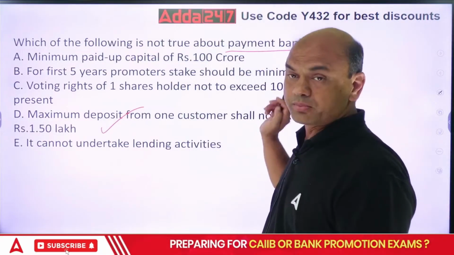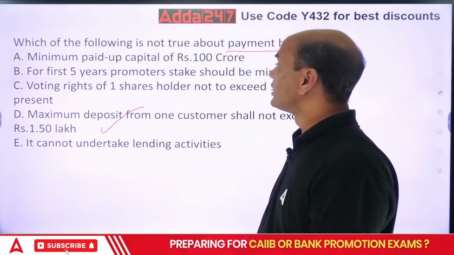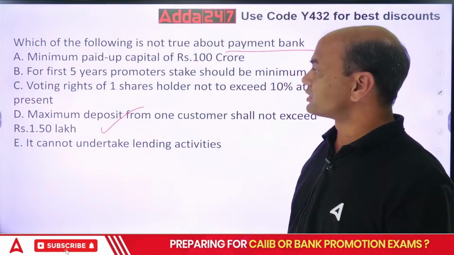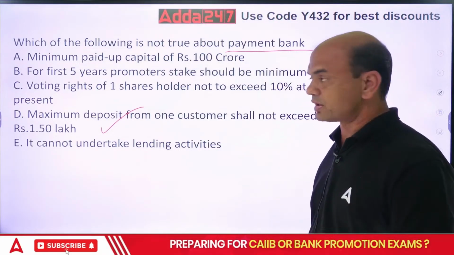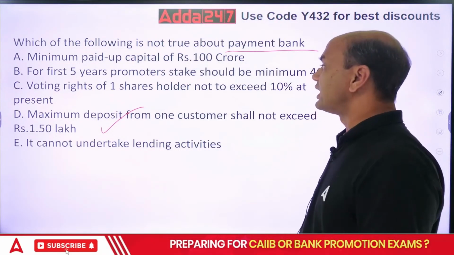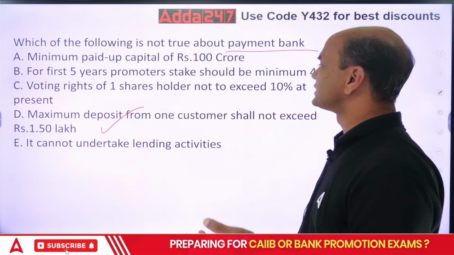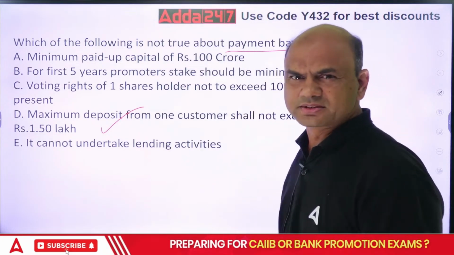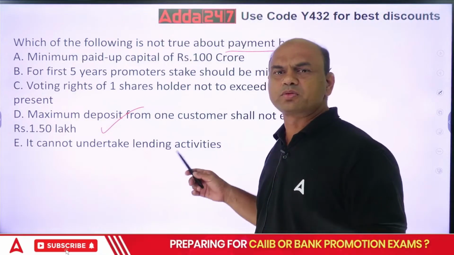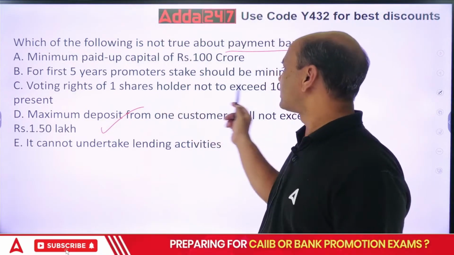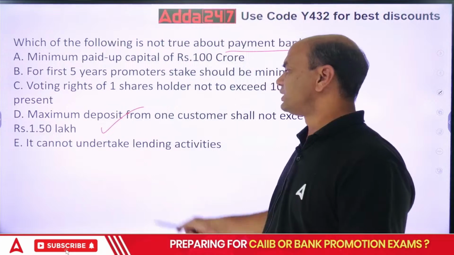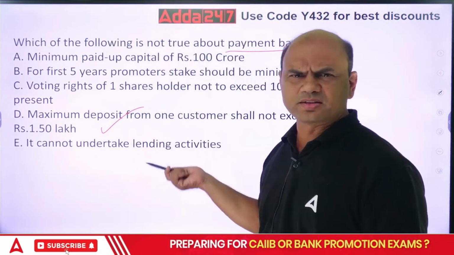Kindly note, very important term, payment bank. Minimum paid up capital of 100 crores. For first 5 years, promoter stake 40% minimum. Voting right, one shareholder not to exceed 10%. This is there in all the banks, all your banks have the same rule. And it cannot undertake lending business. That is not allowed to payment banks.